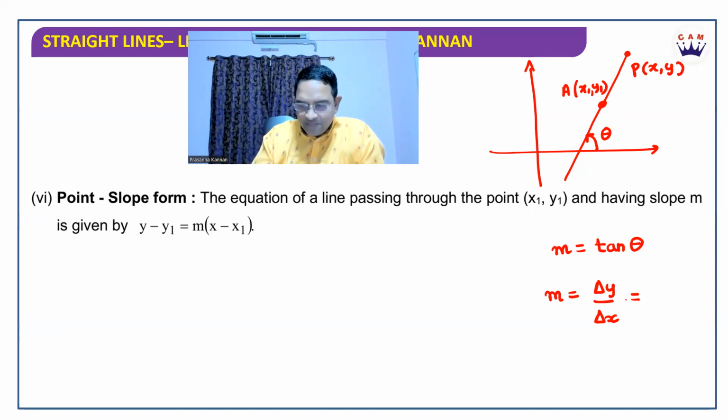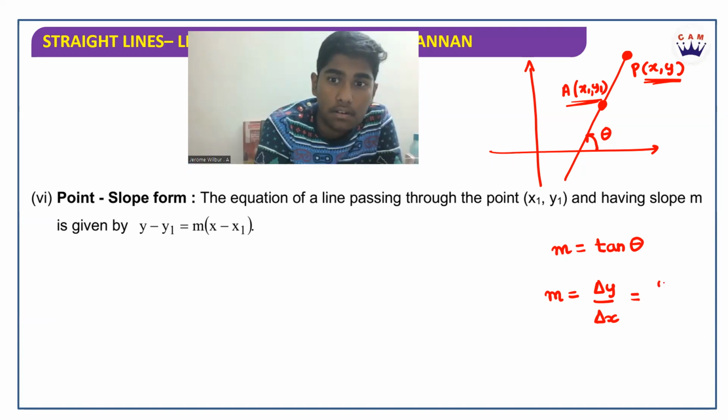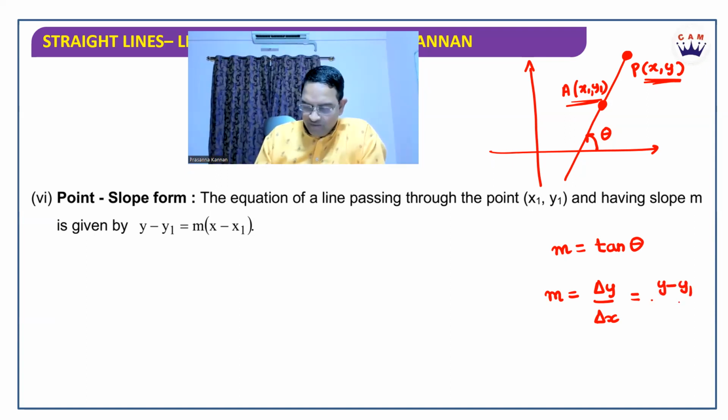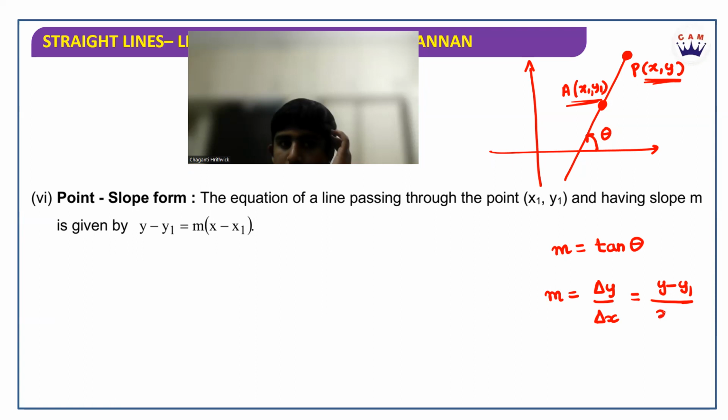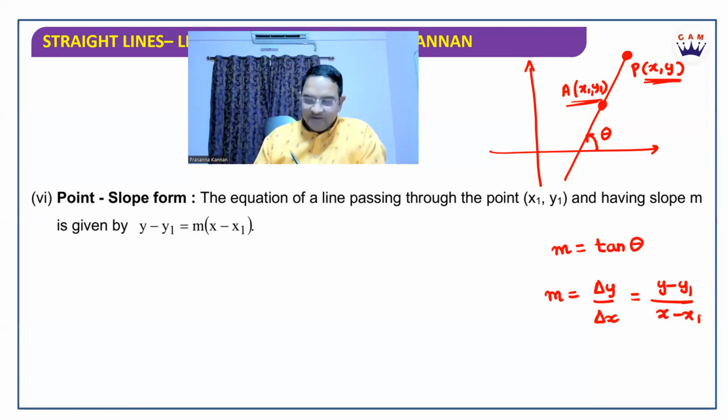Now tell me, students, let's say we take this as the initial value of x and y and this as the final value of x and y. Then can you tell me the change in y? y minus y1. Exactly. What is change in x? x minus x1. Exactly.